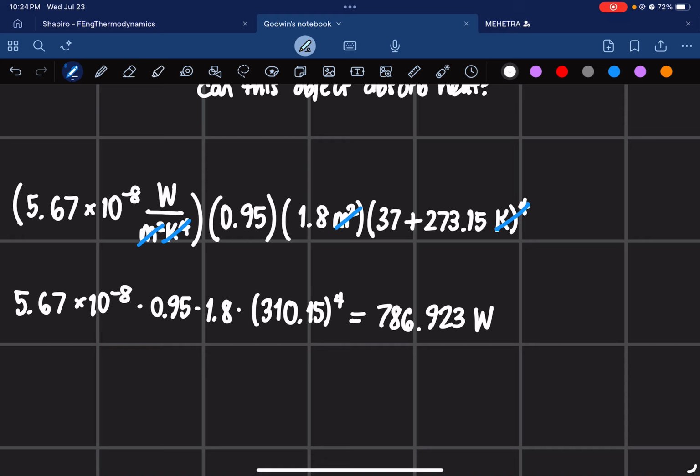Let me just search the common surface area of a human being. The common one would be, ayun, 1.5 to 2 square meters. Okay. So, ganun nga talaga ang mangyayari.